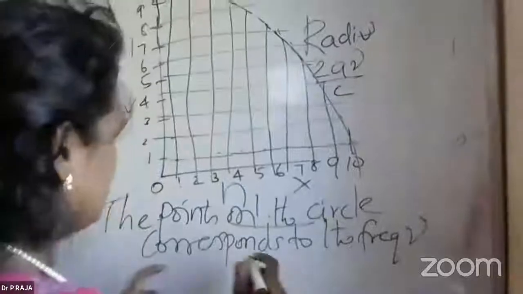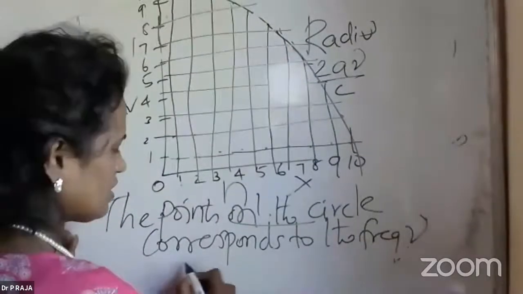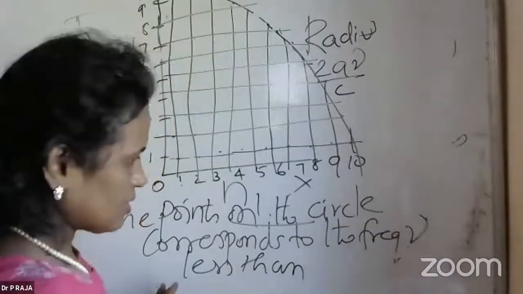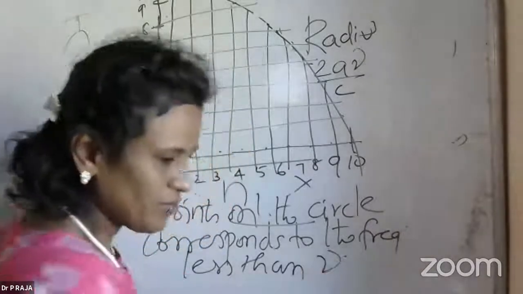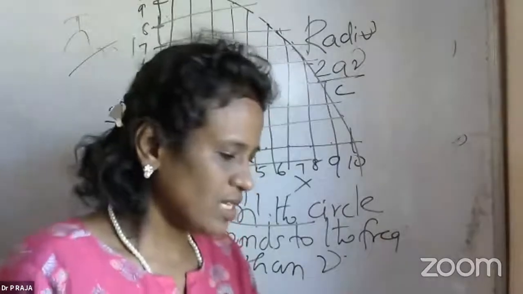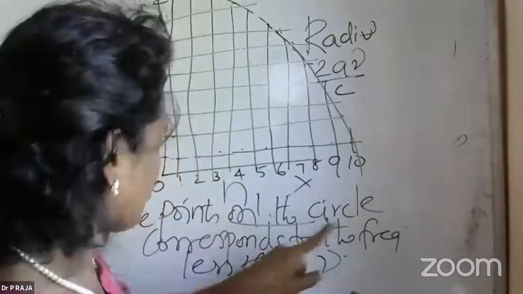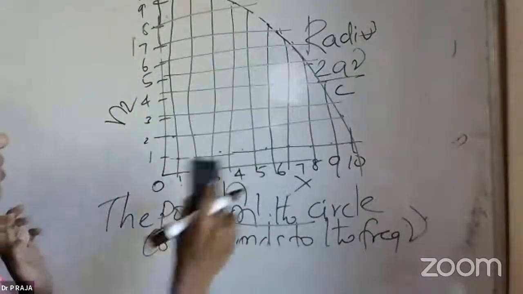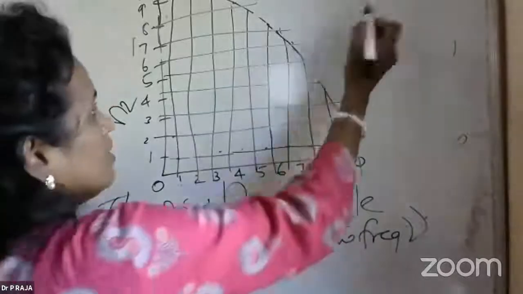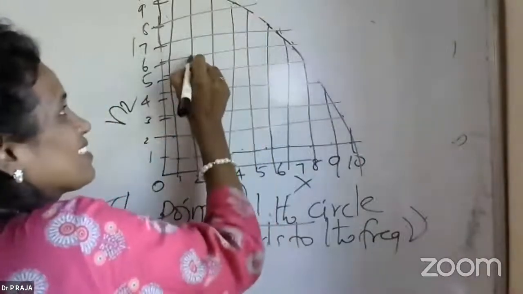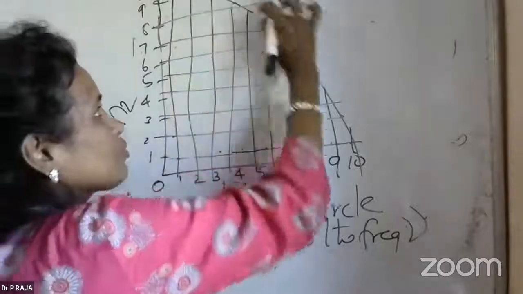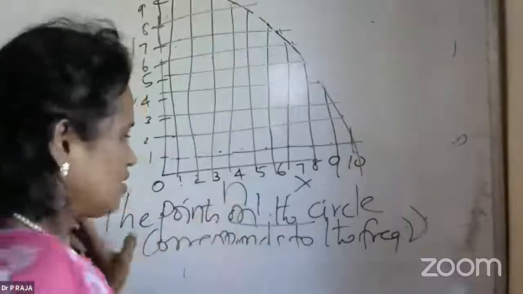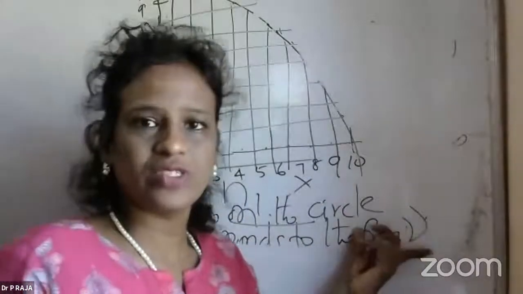The points on the circle correspond to the frequency nu, whereas the points lying inside, these are the points which are inside, these are the points which are lying on the circle. Because it ends at the nodal position, those frequencies are the full, entire frequency of nu.